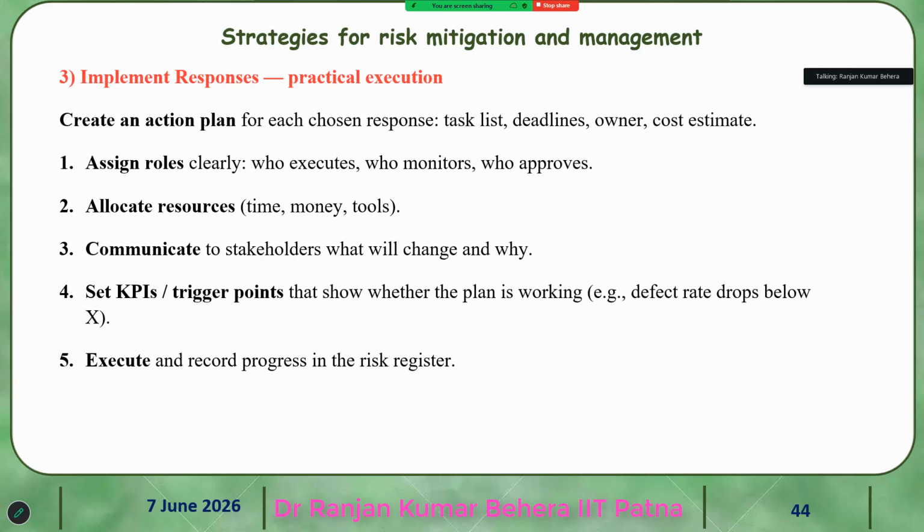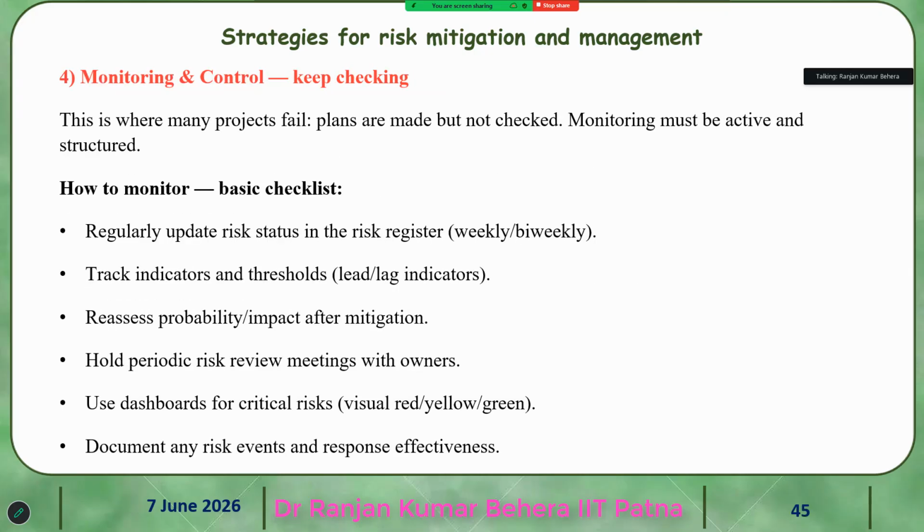So you can communicate whatever you are changing in the project, what will change and why. Set KPIs or trigger points that show whether the plan is working, and execute and record progress in the risk register.